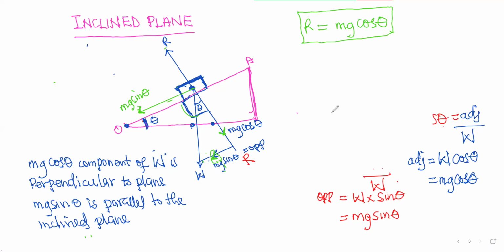On an inclined plane, the reactional force is equal to mg cos theta. However, if the body lies flat on the surface, the reactional force is always equal to mg, which is the weight of the object. So please note this difference. When the body is flat on the ground, the reactional force is equal to mg. When the body is tilted at an angle, the reactional force is mg cos theta.